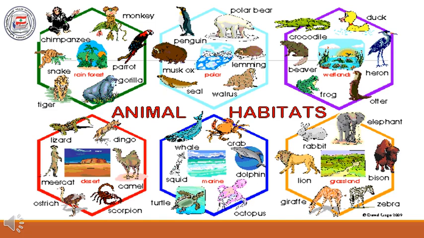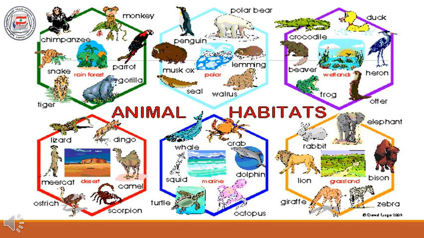In the polar areas where you can find snow, the polar bear, penguins, seals, and lemmings. In the wetlands, you can find crocodiles, ducks, frogs. And the desert, the familiar animals that we already know, the camel, the lizard, the meerkat, the ostrich, scorpions are also found in deserts.